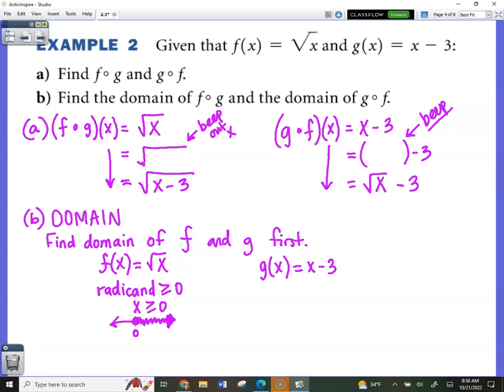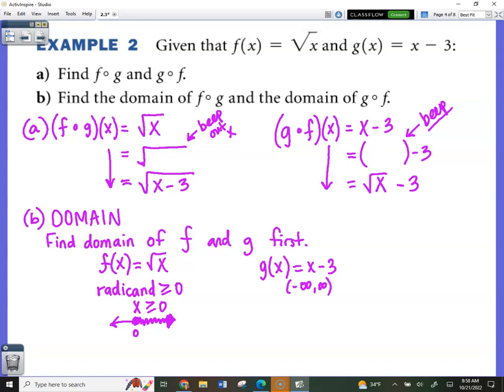What's the domain restriction on g? Whenever I ask domain restriction, all you have to ask yourself is what type of function is it? What type of function is g? It's linear. There's no restriction, which means all real numbers. So g is going to be helpful.